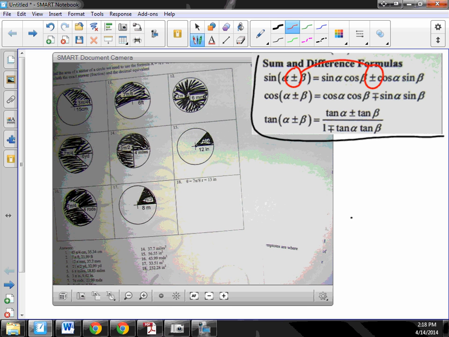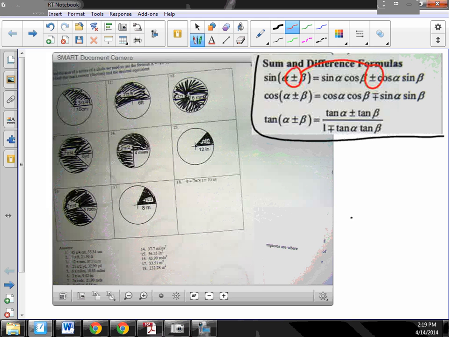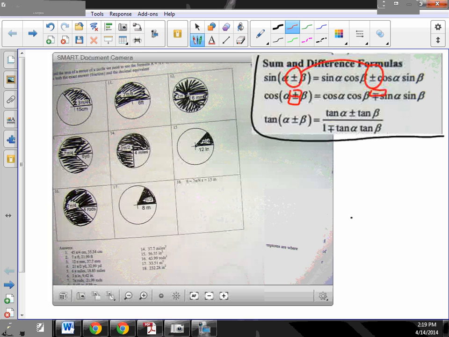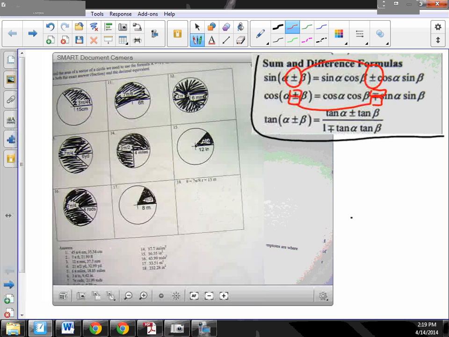So if you're adding 2 angles together, then you add the 2 parts of the equation together. If you're subtracting, then you subtract. But with cosine, it's backwards. The sum formula on cosine is actually a subtraction when you work the problem. And the difference formula is actually a sum formula.